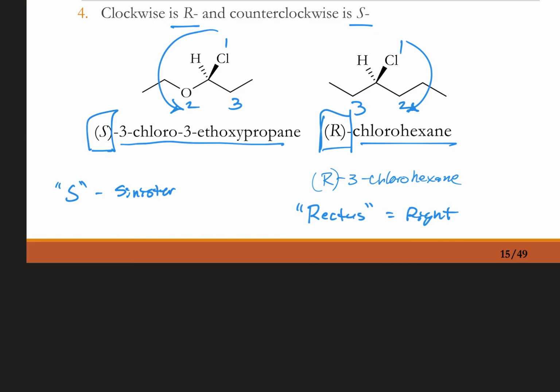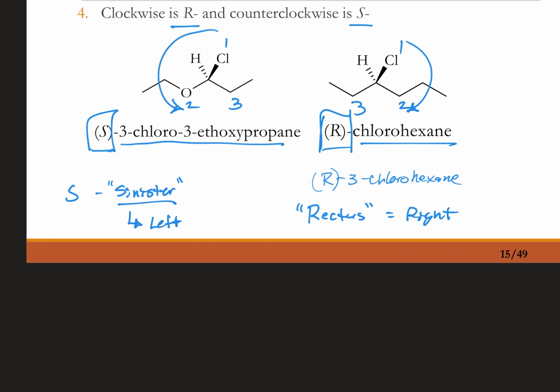This actually sounds like it's evil, but it turns out the word sinister actually comes from left, because they used to think that people who were left-handed had some evil bewitchments, I guess. So S stands for sinister or left.